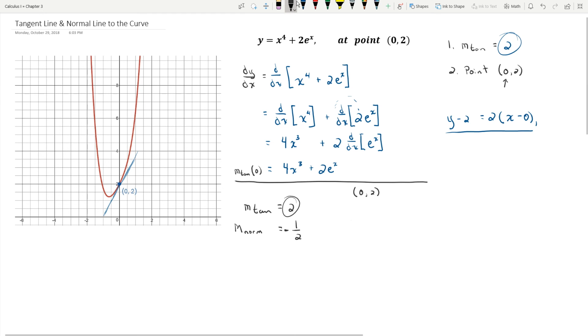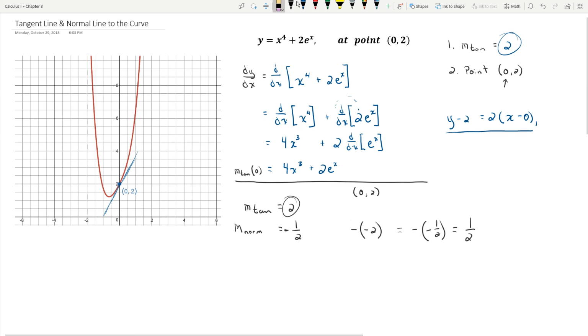But it's not always negative. I just want to let you know that we're actually taking the opposite of whatever the inverse of the slope is. Meaning, if this had been -2, we would end up with -1/2. Then we take the opposite of that, and it would have been a positive 1/2 slope. So really, we're taking the opposite in order for us to end up with a perpendicular line at that point.